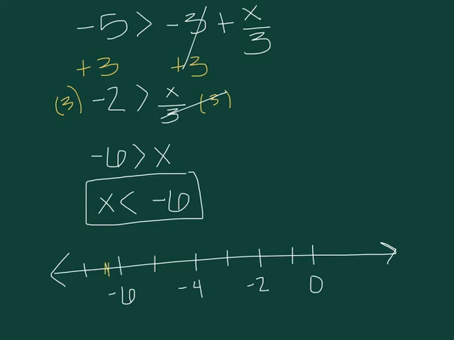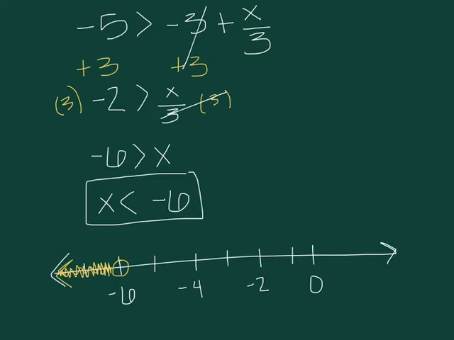So we're going to shade in to the left of -6 where the values are smaller. We also know that since there's no equal sign, -6 is not part of the solution. So we're going to put an open dot at -6 so that we can see that the values are smaller than -6 and do not include -6.